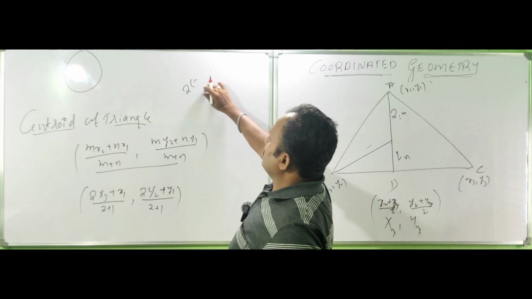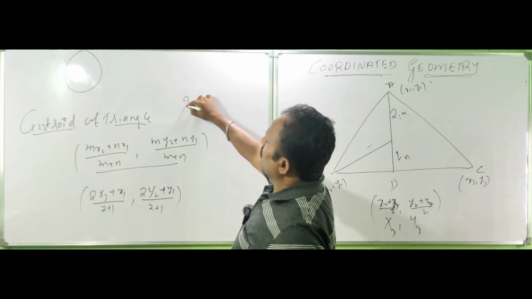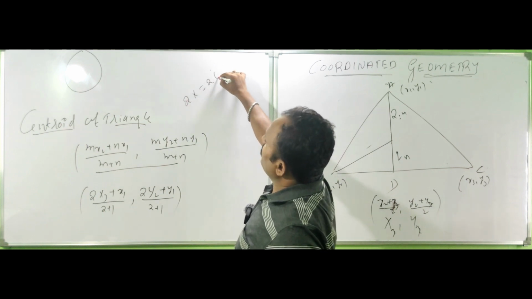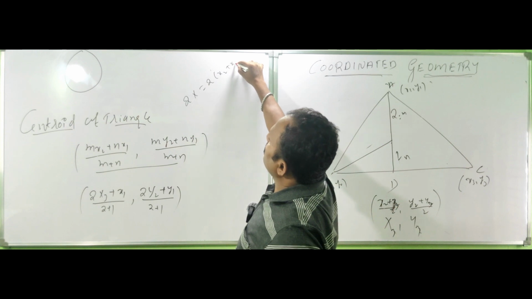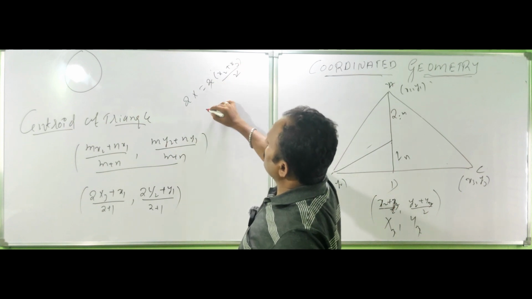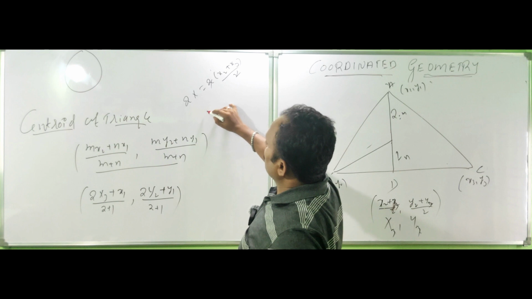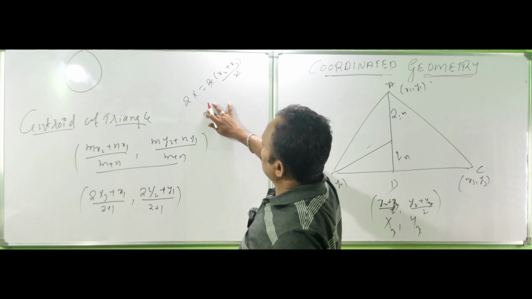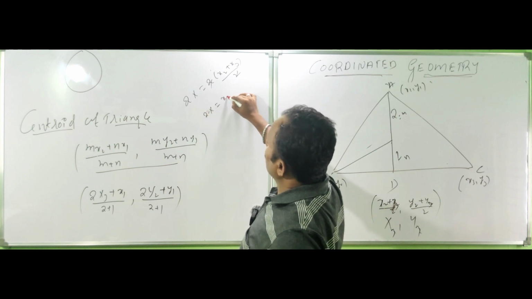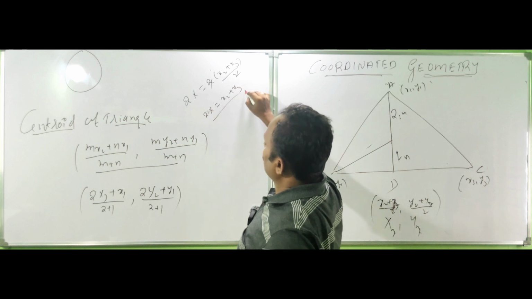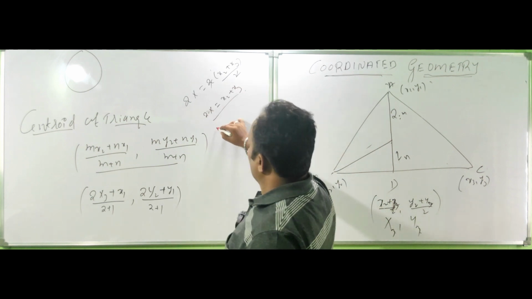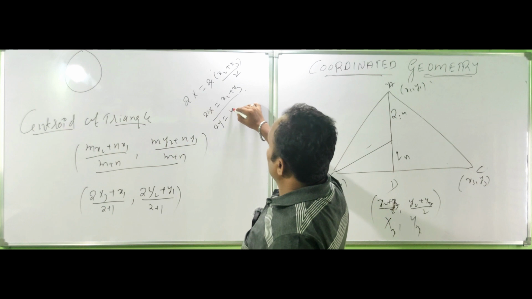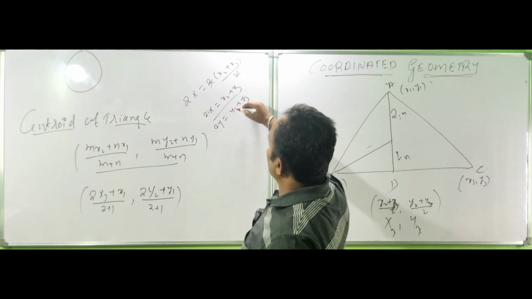Here, x is equal to 2 into (x2 plus x3) divided by 2. The 2 gets cancelled, so 2x becomes x2 plus x3. Remember. Similarly, 2y becomes y2 plus y3.